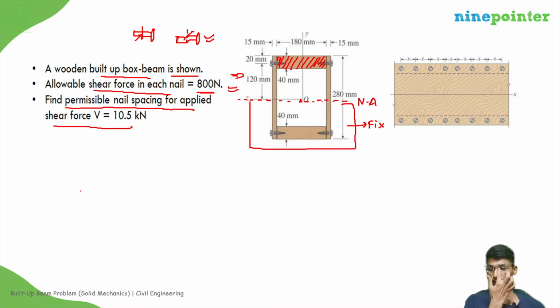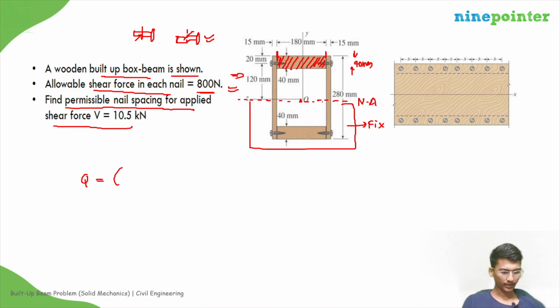So Q for that portion will be equal to the area of that portion times the centroid's distance from the neutral axis. If you see, this is 120 here, this is 280. So this is 40, and this is also 40, and this length is 180.